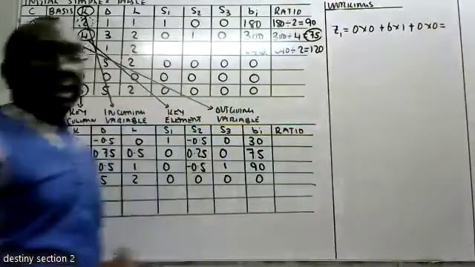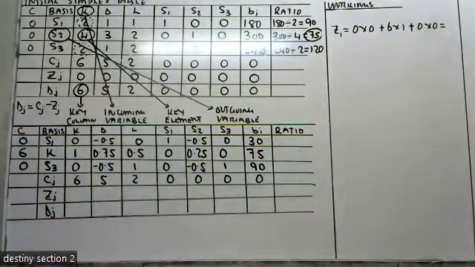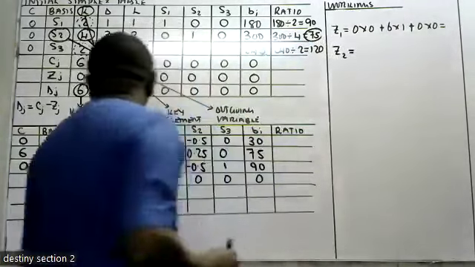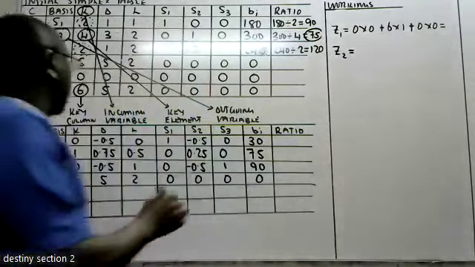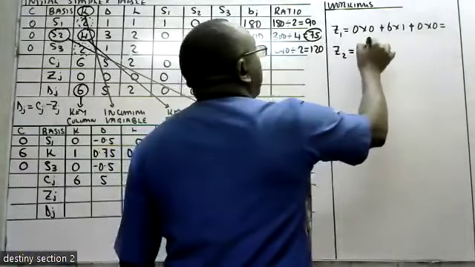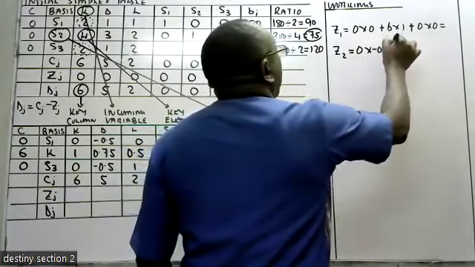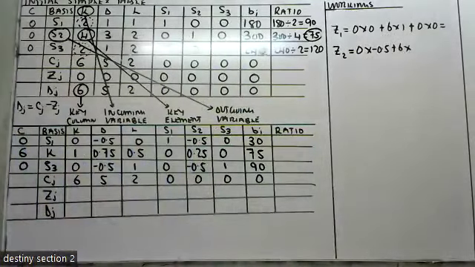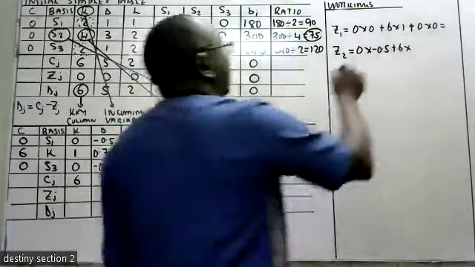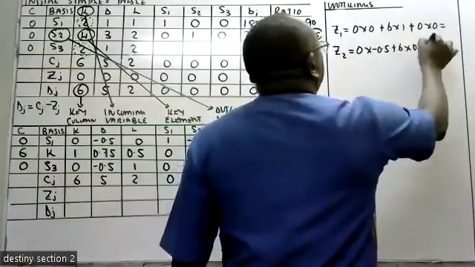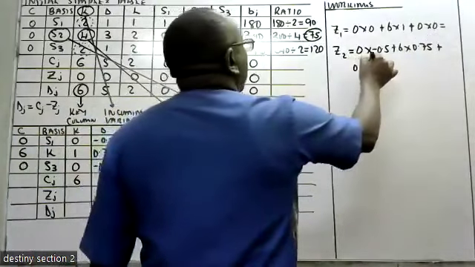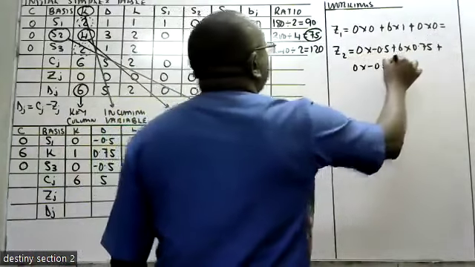I get the answer there. Then I come to this one, Z2, which will be given as 0 times minus 0.5 plus 6 times 0.75 plus 0 times minus 0.5.